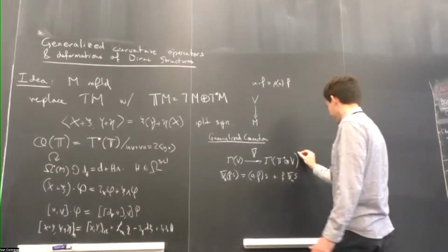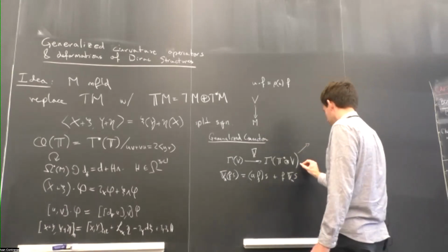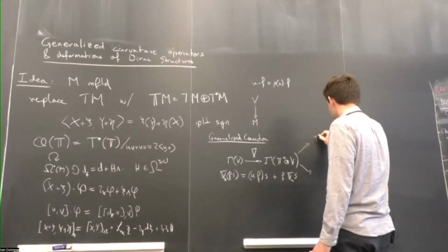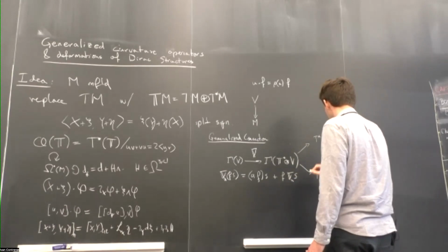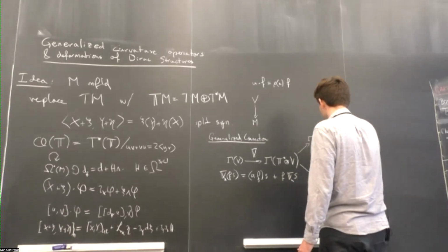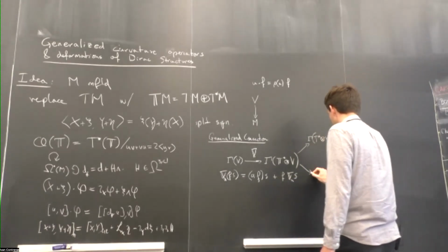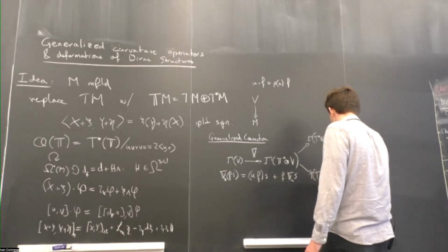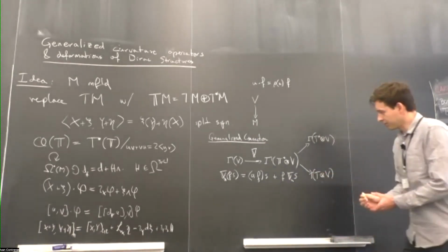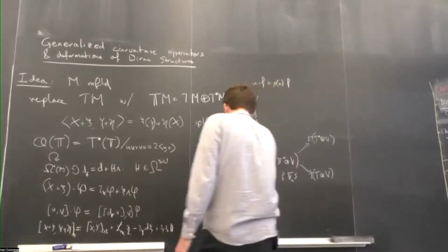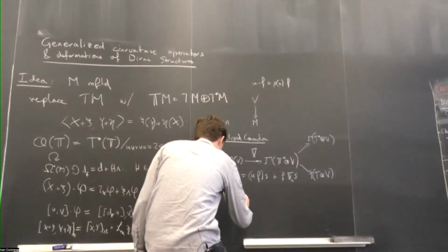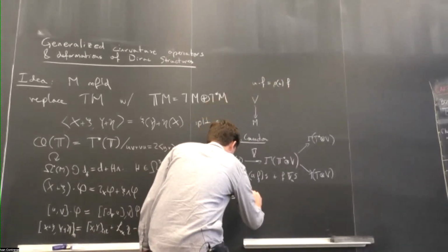Well, this tangent bundle projects in two ways, onto T star and onto T. And so this connection decomposes into two pieces.